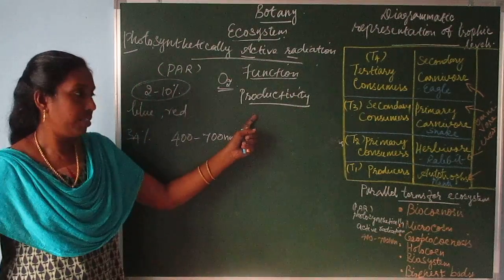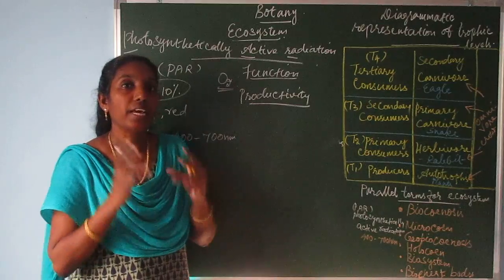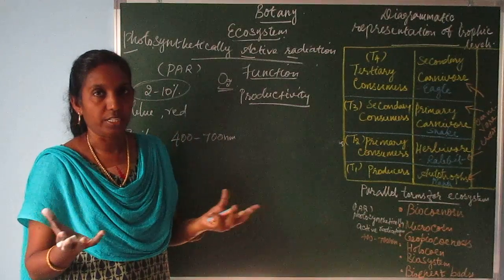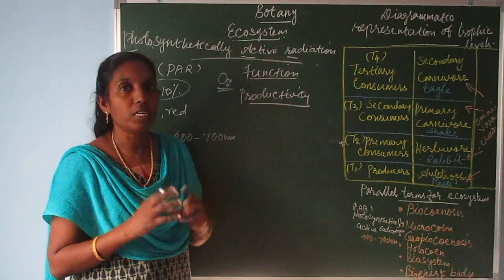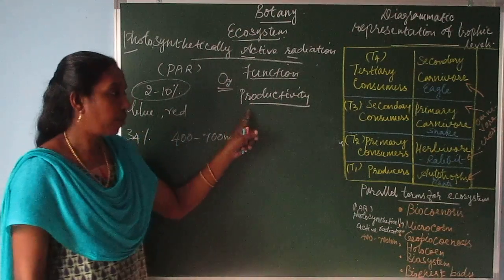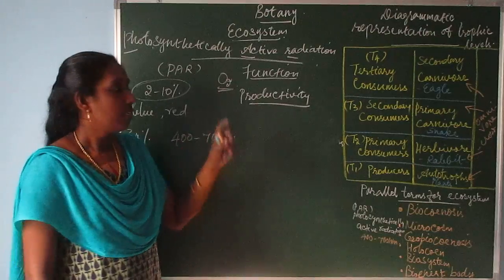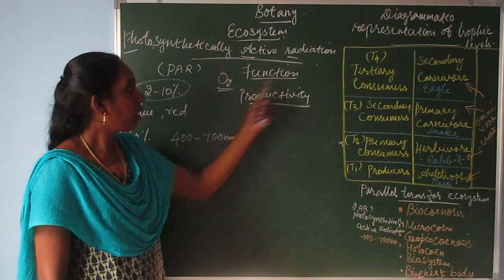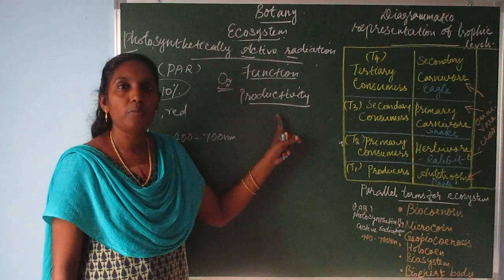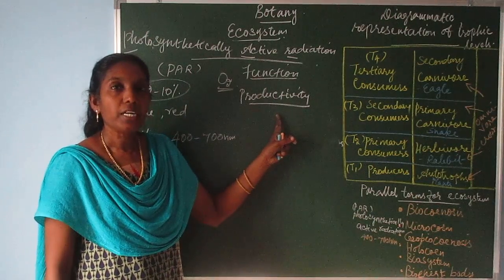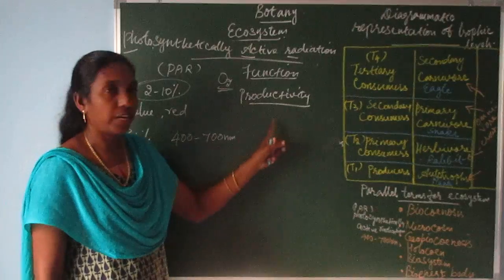What is meant by productivity? It is the rate of biomass production. The total amount of biomass production per unit area is called productivity. So the rate of biomass production per unit area is called productivity.